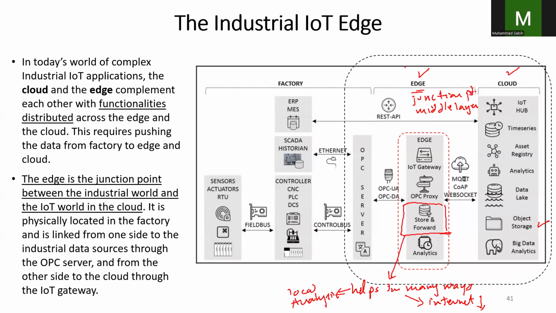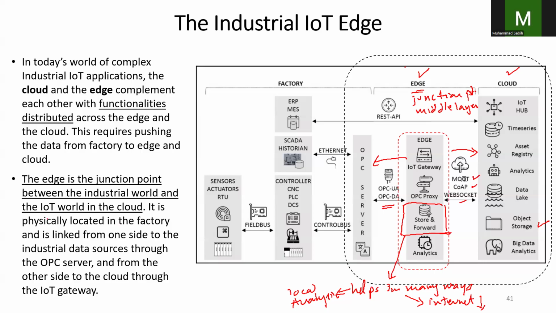We also see that it is able to talk to the OPC server through the OPC UA and DA model, and on the other side, it is able to talk to the cloud through the MQTT, CoAP, and WebSocket protocols.